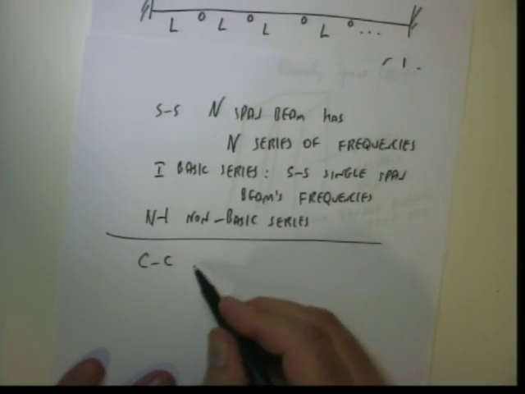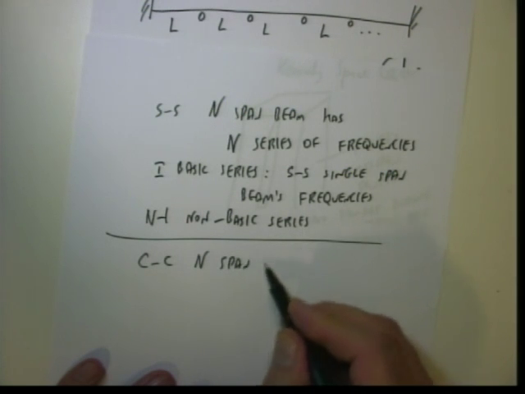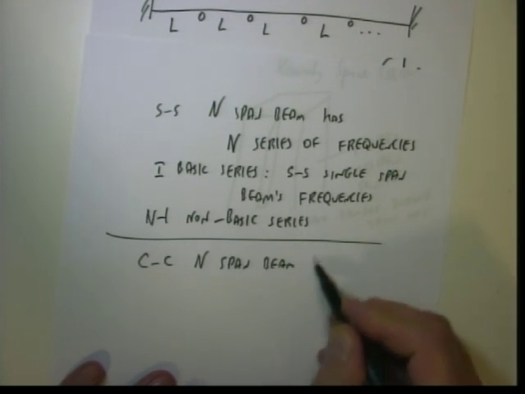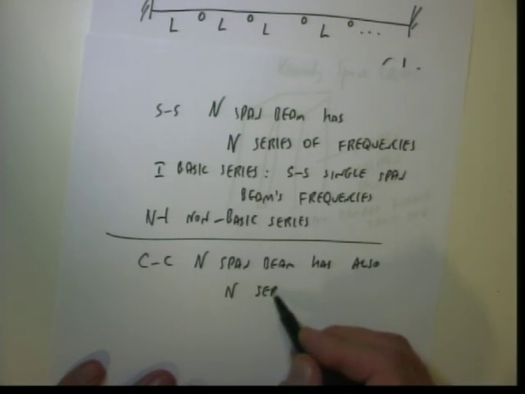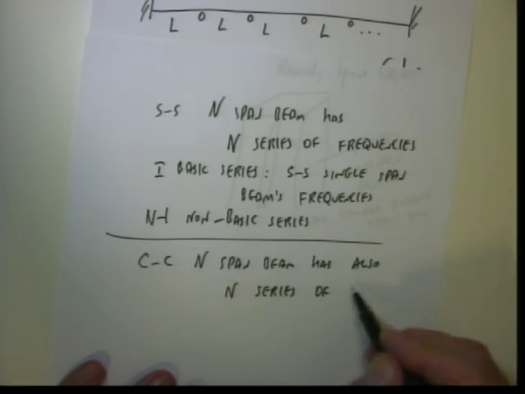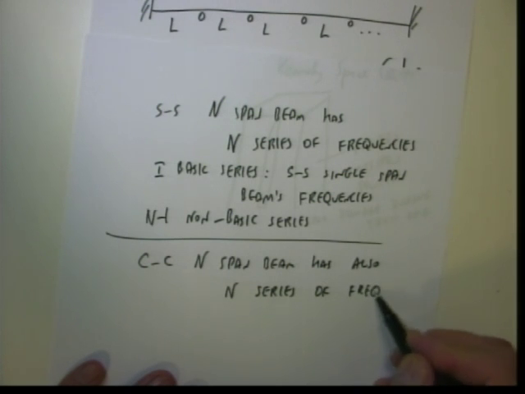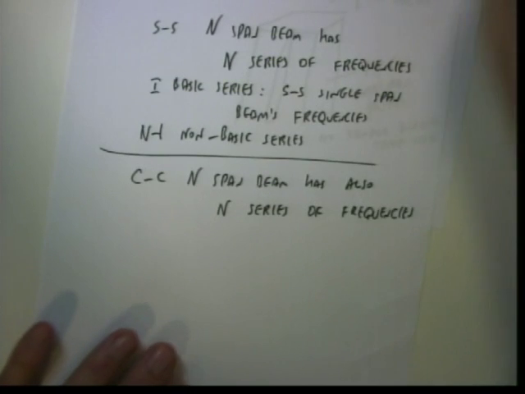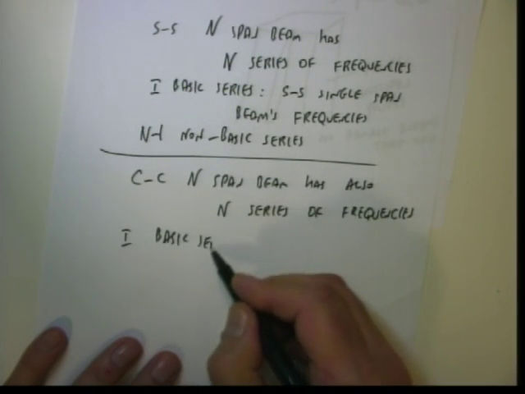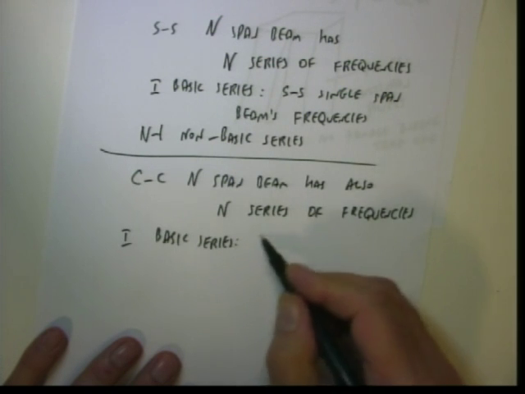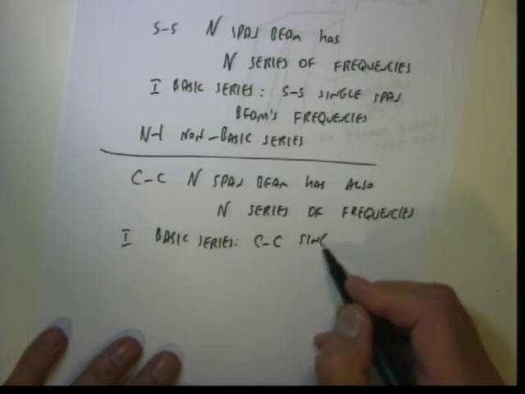Now, a clamped N-span beam has also N series of frequencies. The first is a basic series. That is a clamped single-span beam.